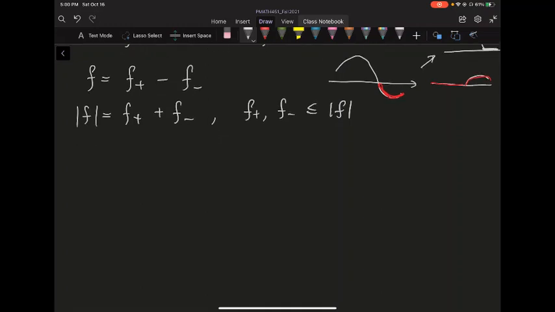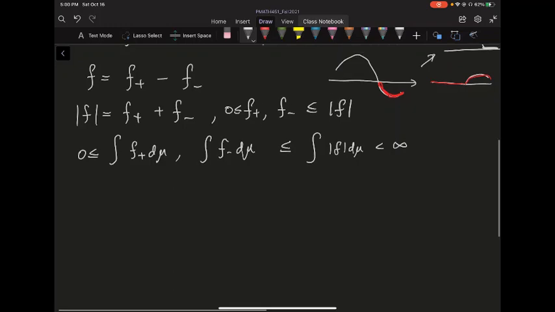Because these two are non-negative and bounded above by this measurable absolute value of f, which has finite integral, the integral of f plus dμ and the integral of f minus dμ are both bounded above by the integral of the absolute value of f, which is less than infinity, and we know they're non-negative. So in particular, I have two finite numbers: the integral of f plus and of f minus are both finite, okay?